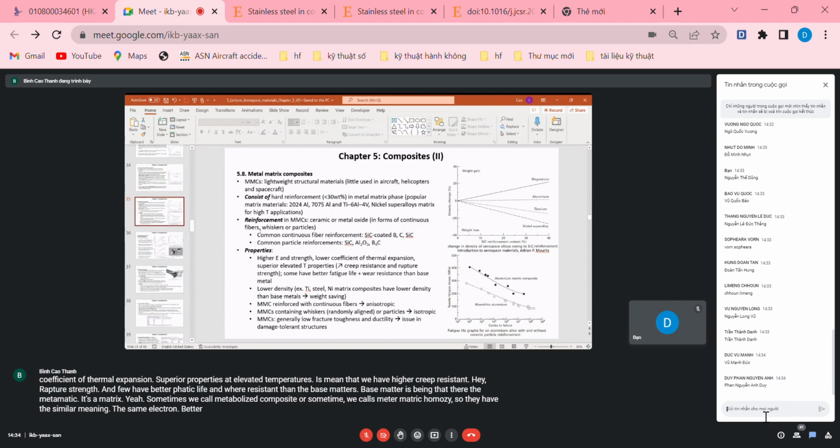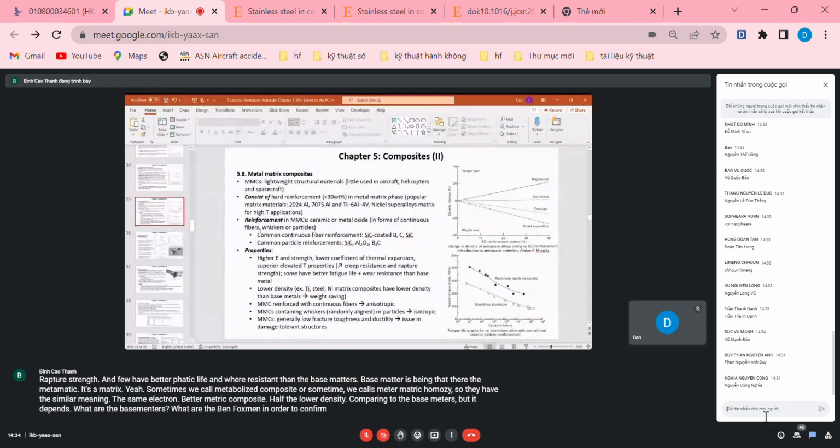Metal matrix composite has lower density compared to the base metals, but it depends. It depends on what the base metals are and what the reinforcement is, in order to confirm whether we can lower the density compared to the base metals.